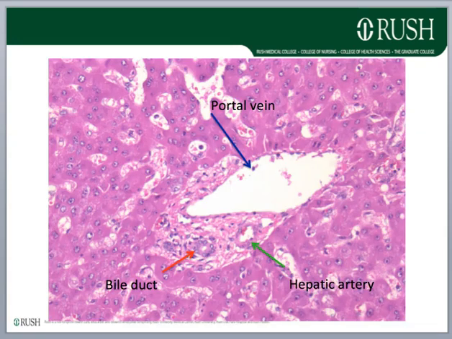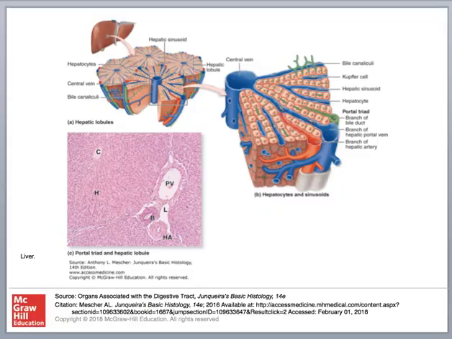This is a high-power view of a portal triad, and the three essential elements are the portal vein, the bile duct, and the hepatic artery. Now let's look at that in a little more detail schematically. So the upper left-hand figure, figure A, shows a hepatic lobule.